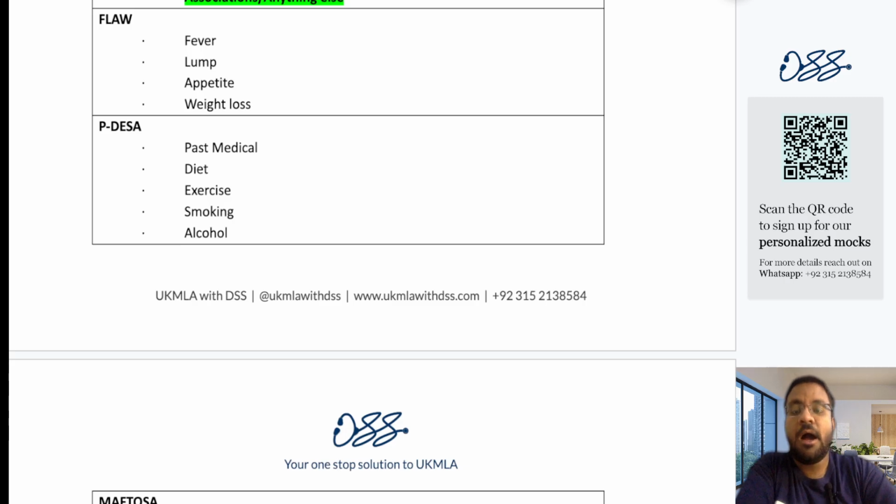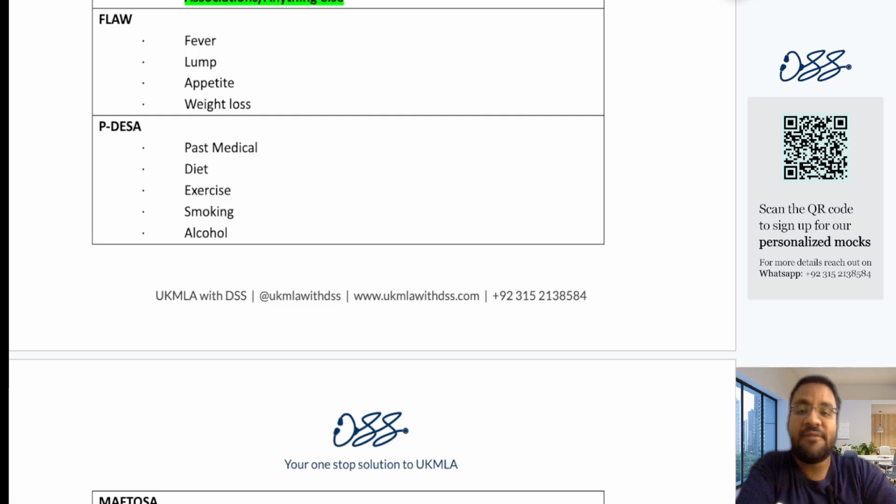Okay, so it's important to rule out FLAW because these are the red flag signs. Because if somebody is having fever, lumps and bumps in the body, loss of appetite, weight loss, okay, the patient may be having some infectious pathology, or the patient may be having sometimes some type of carcinoma or some type of cancers. Okay, so this layer is very important.